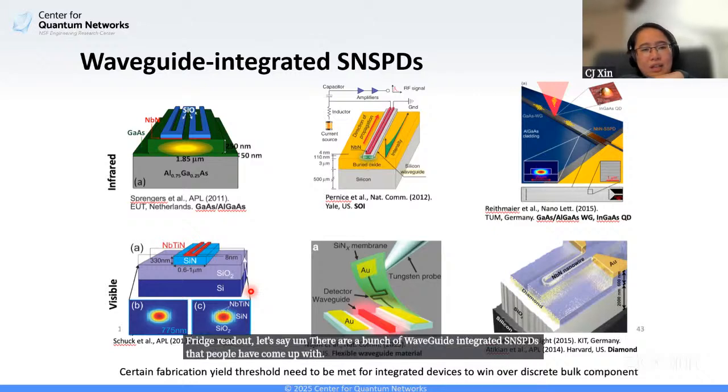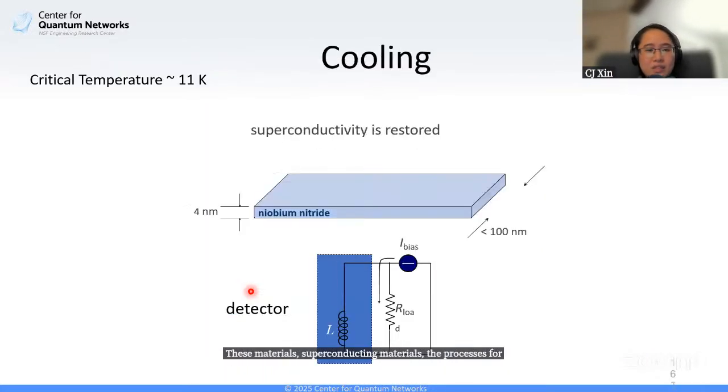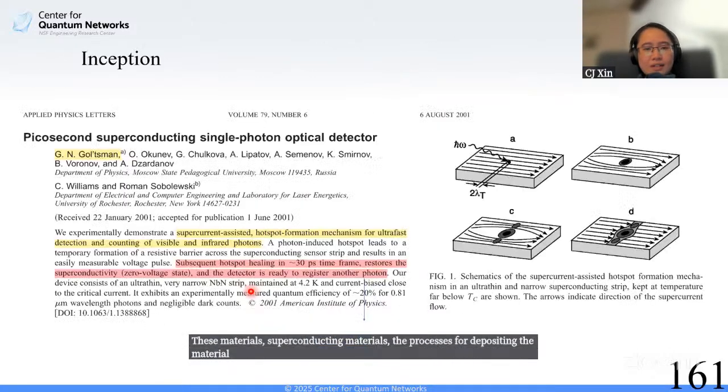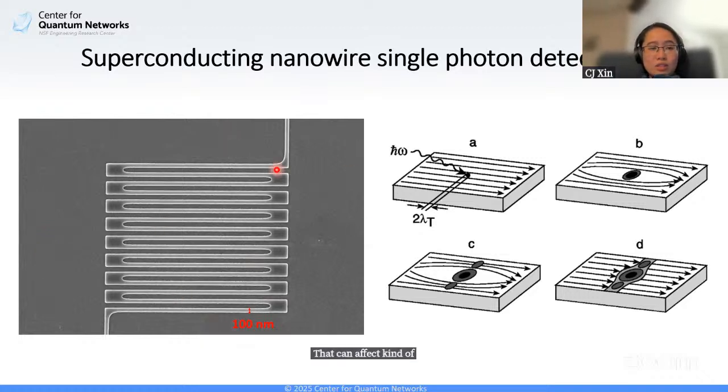These superconducting materials, the processes for depositing them, and the critical dimensions are quite stringent. Each wire is 100 nanometers, and if you have mild constrictions along the wire, like roughness where the dimensions change a tiny bit, that can affect how well your detector performs.